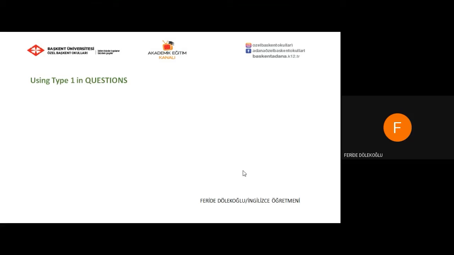Using type 1 in questions. Okay, let's see how we can make questions in type 1 sentences. What will they do if they lose the match? The question form is in the main clause, okay? What will they do?